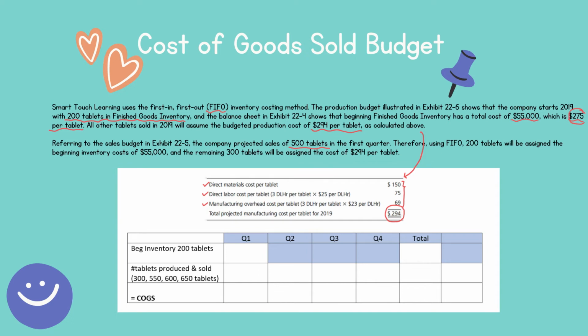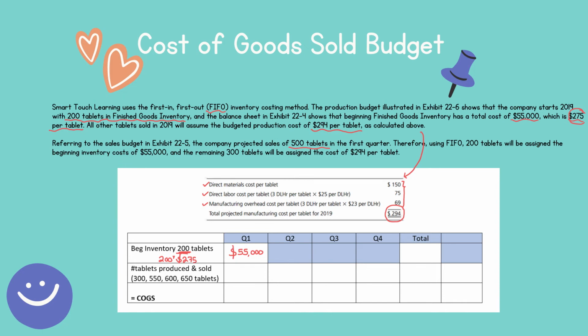Now in quarter 1, since I'm using FIFO, I need to sell the oldest first. So I need to sell the 200 units from 2018, and the cost for them was $55,000 from the balance sheet, because as I mentioned before, it's 200 tablets multiplied by the cost per tablet, which is $275.